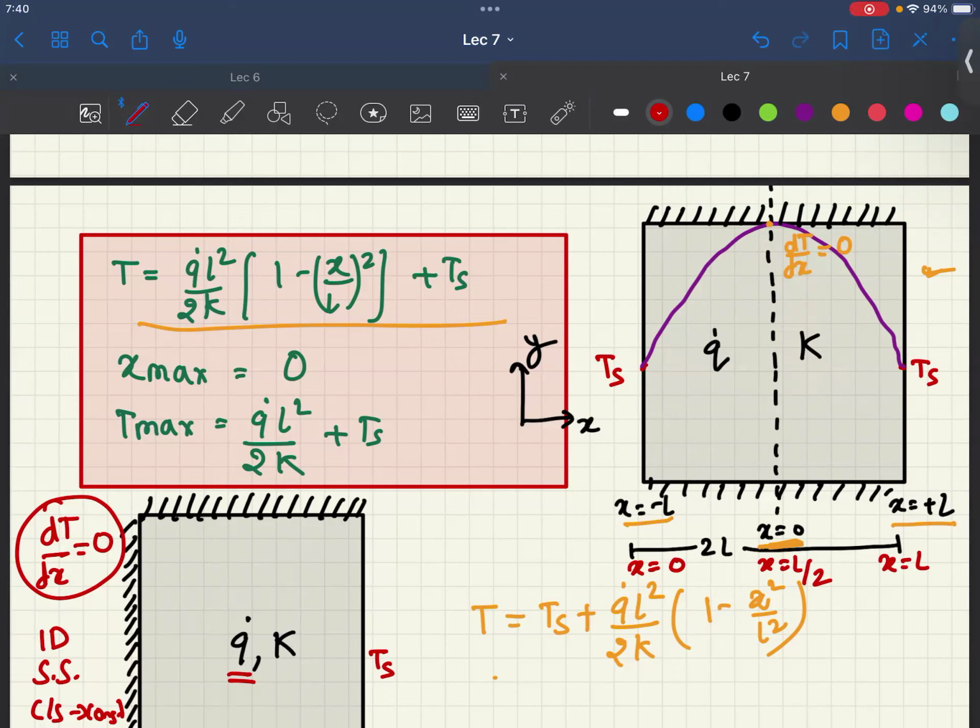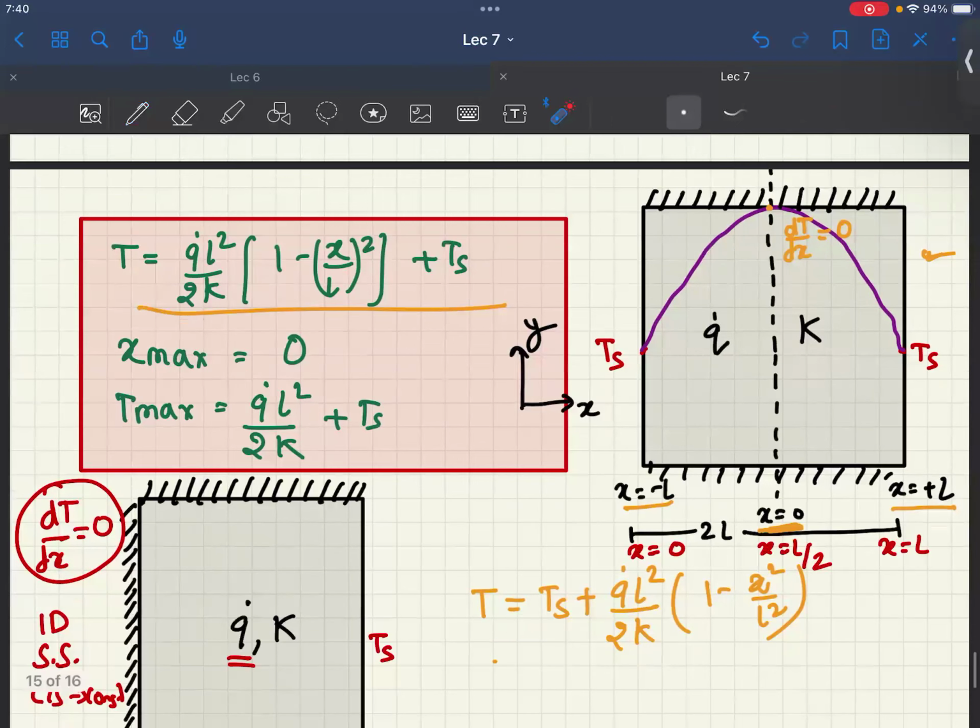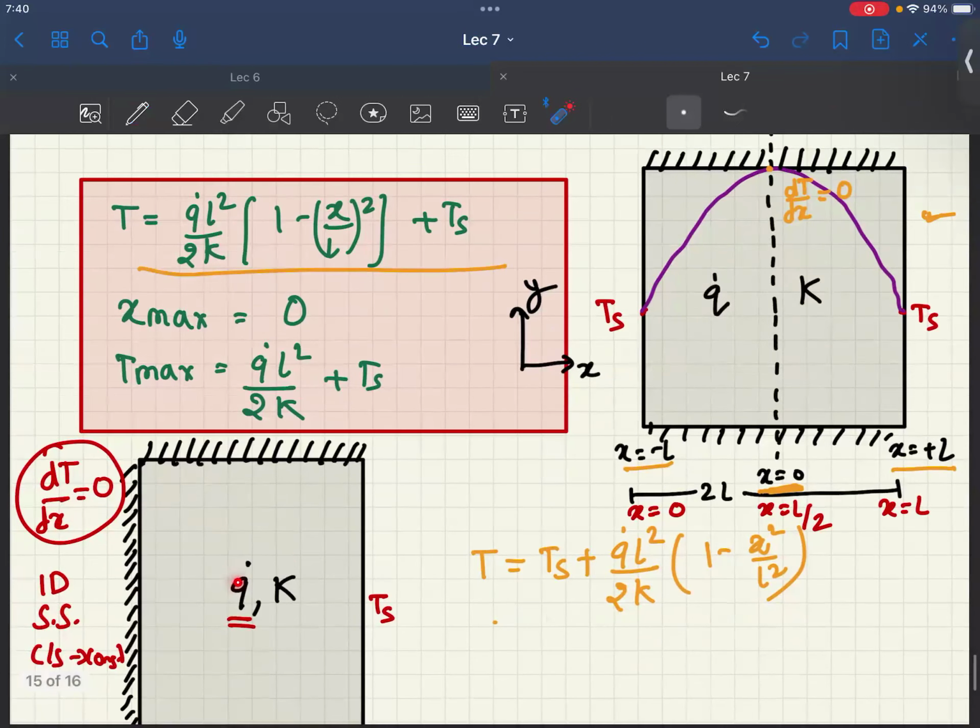But mathematically, this black coordinate system simplifies the mathematics. And by using this coordinate system, you just solve this one problem, and this other problem you get for free.